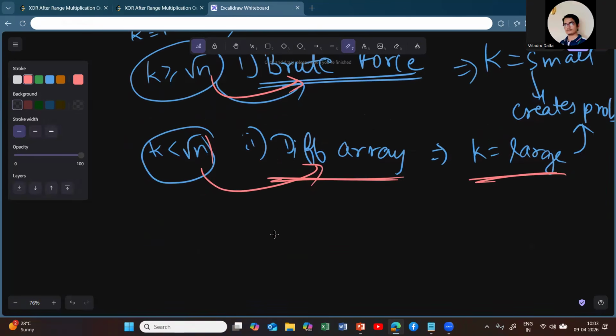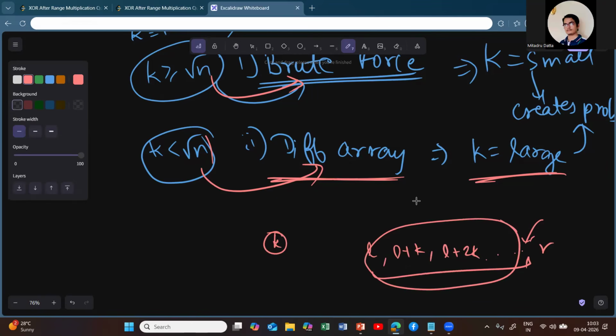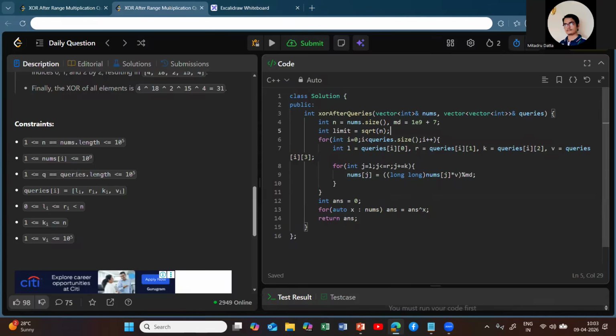If you have a value of k, it tells you from l plus k, l plus 2k, wherever r is ending, just before that, whatever will be the value, you just need to calculate those elements and multiply v to those elements, right? So for the same value of k, I want to perform very similar operations. So I want to group by values of k.